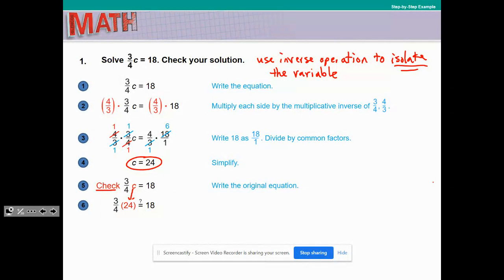All right, well, how would you multiply 3/4 times 24? You have to pop a 1 under there and then cross simplify and cancel, just like you would normally when you're multiplying fractions. Okay, so there we go. There's supposed to be a multiplication symbol in there. Right, cross simplify, and it does in fact equal the other side.